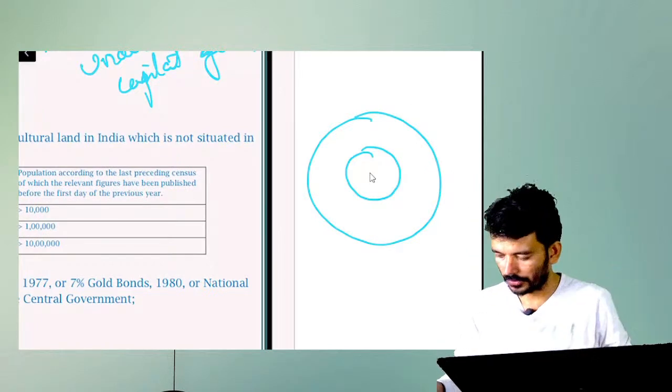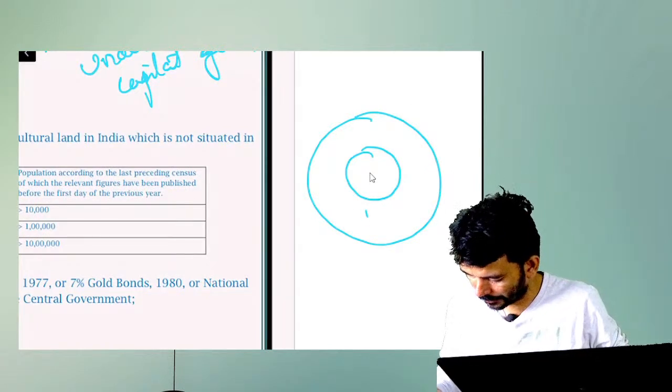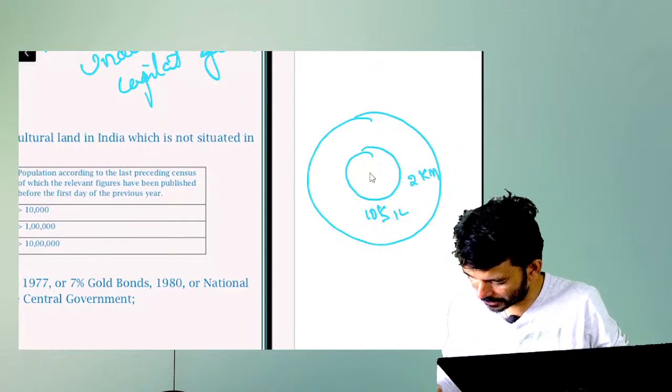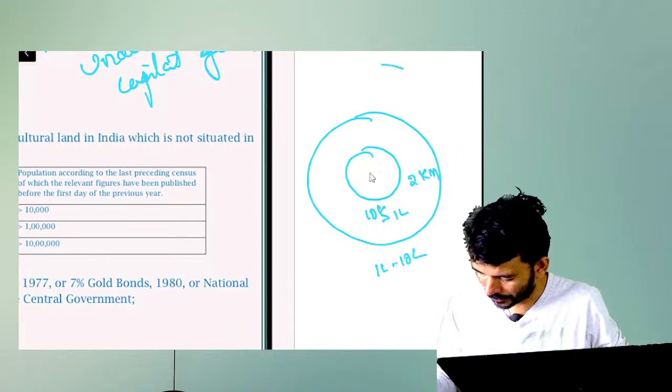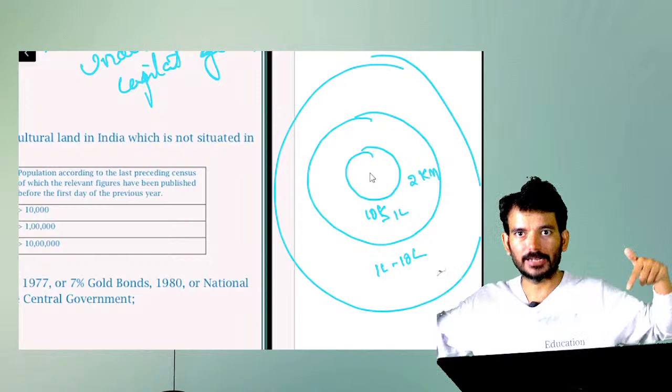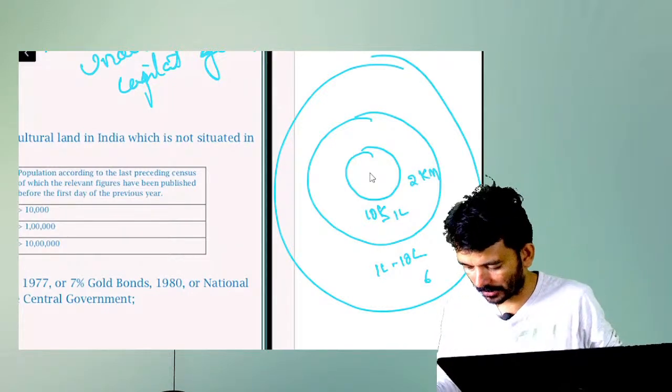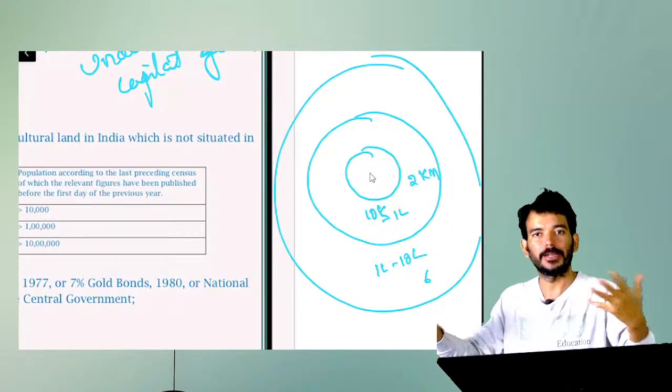Between 10k and 1 lakh, 2 kilometers you will go. If the population is 1 lakh to 10 lakh, it is a bigger population, so a larger area: 6 kilometers. If it is 10 lakhs and above, 8 kilometers.